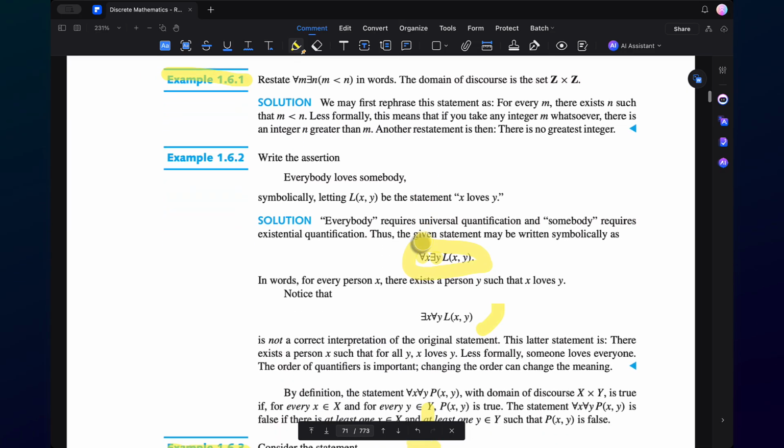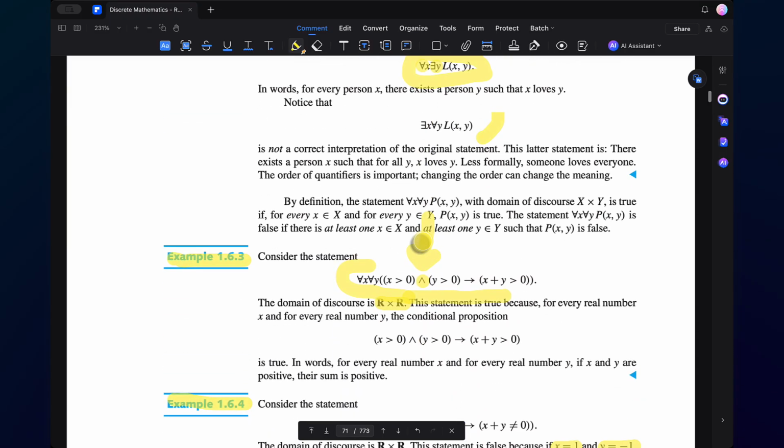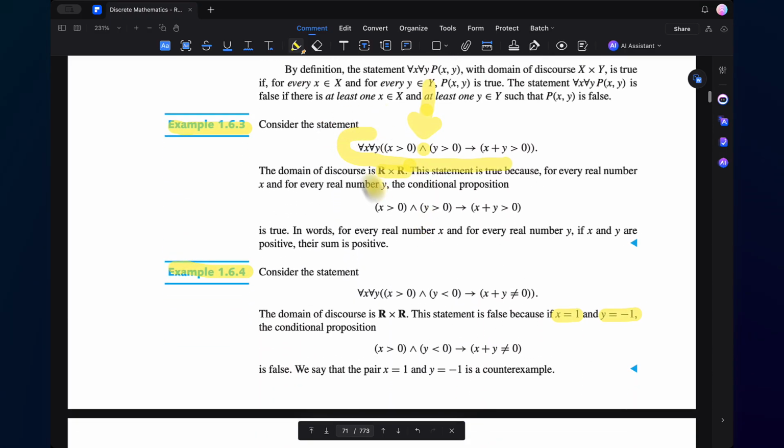Let's take a look at another example. Consider this statement: for every x and for every y, x is greater than 0 and y is greater than 0 implies x plus y is greater than 0.